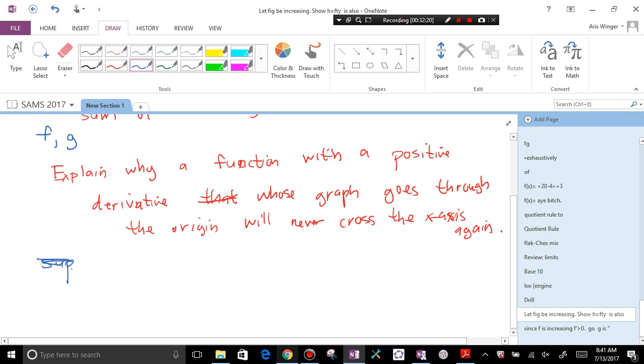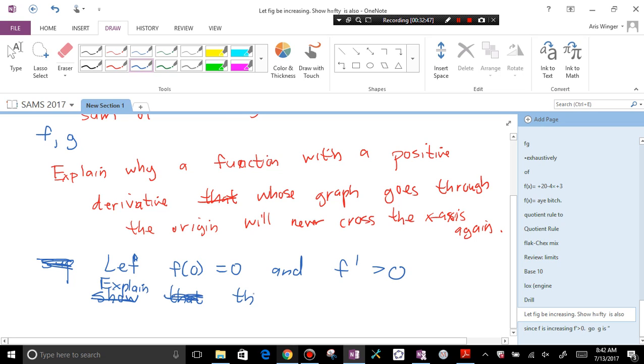Suppose, let's say, let f of 0 equals 0 and f prime is positive. Show that, or explain, I think I say explain why the graph of f.